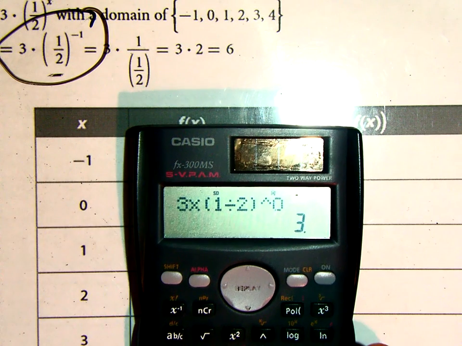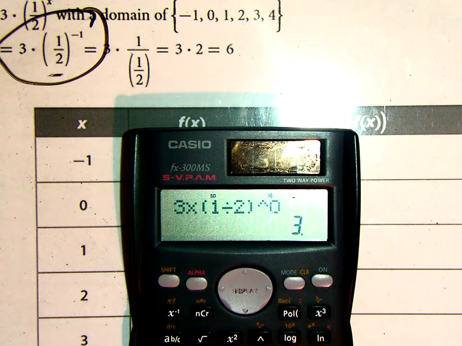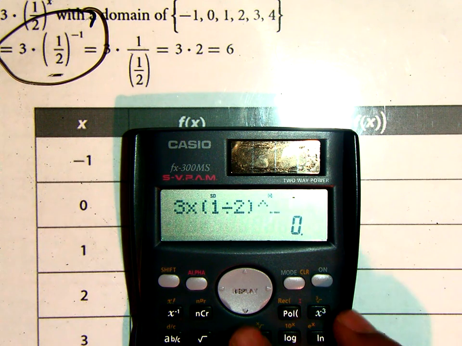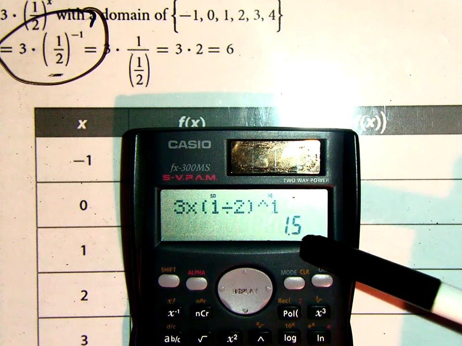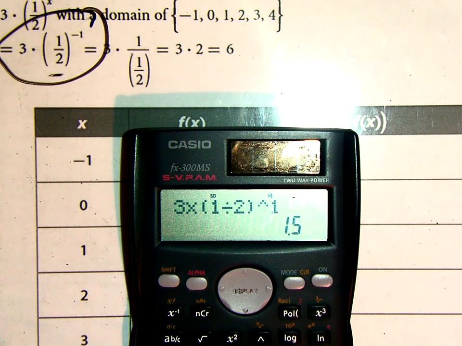All right, let me do one more. All right, so this time I'm going to plug in 1. So I have 3 times open parentheses, 1 divided by 2, close parentheses, and again raise it to 1. And this time I get a decimal of 1.5.